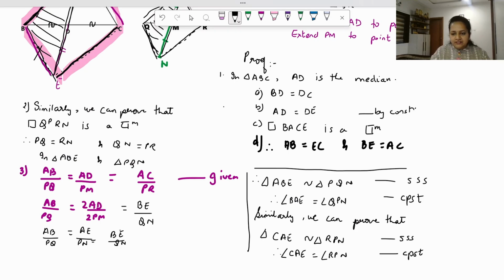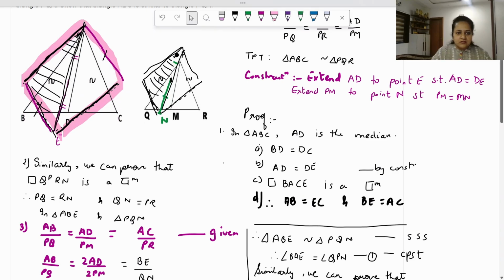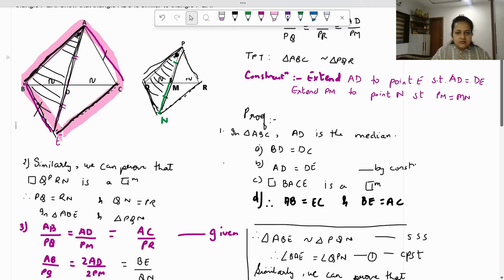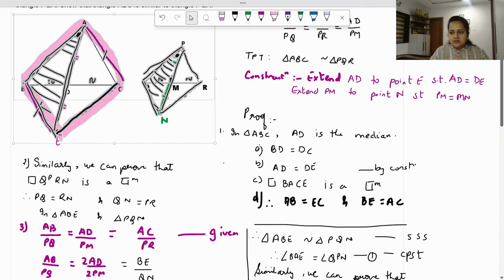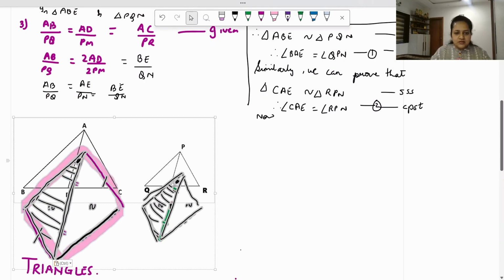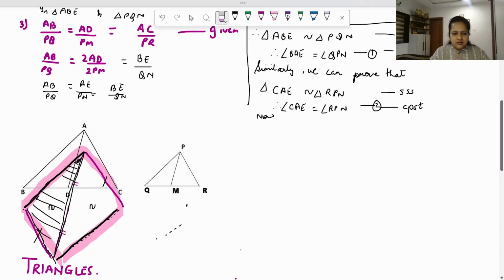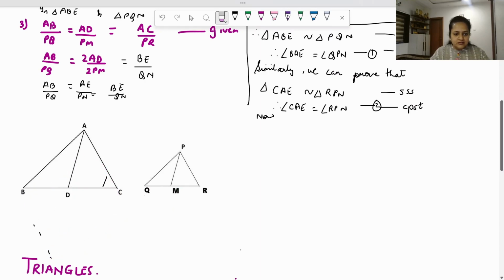Next part, what if I add these two statements? Now, I'll try to copy the figure for you children. Let's quickly draw it again so that you have an idea.